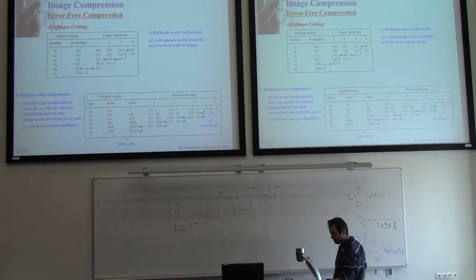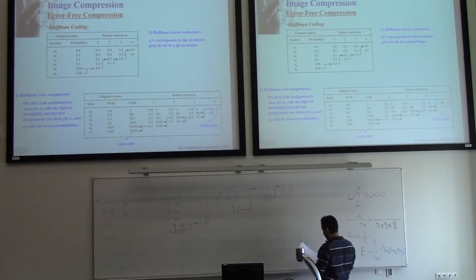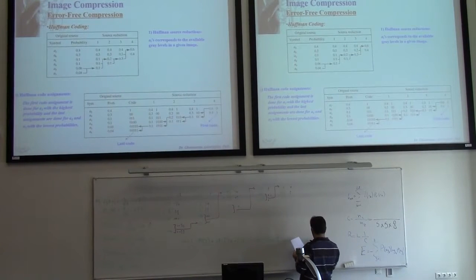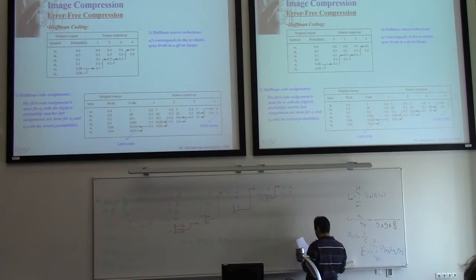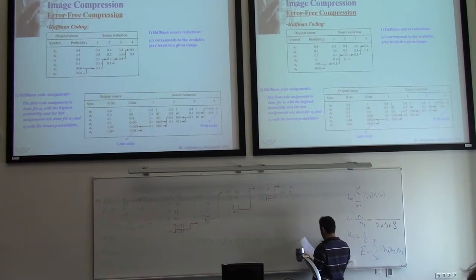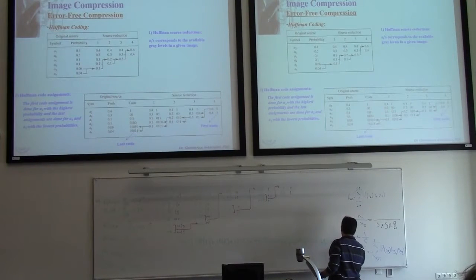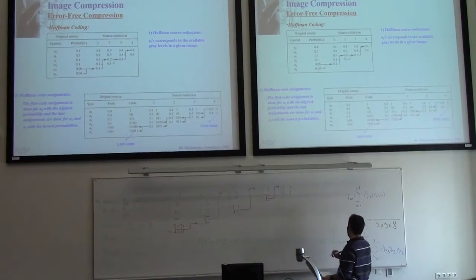The result is something like this: 2.48 bit per symbol. Okay?